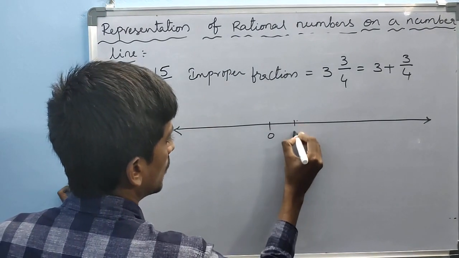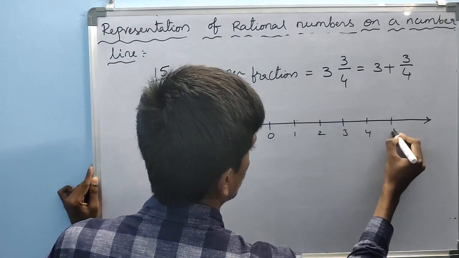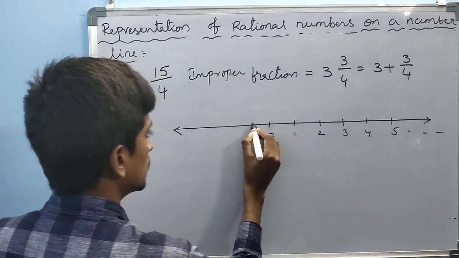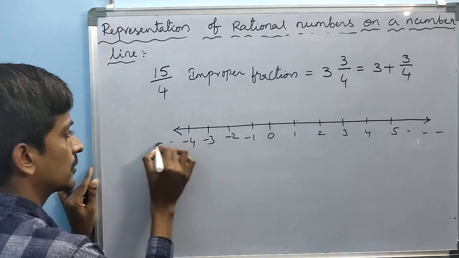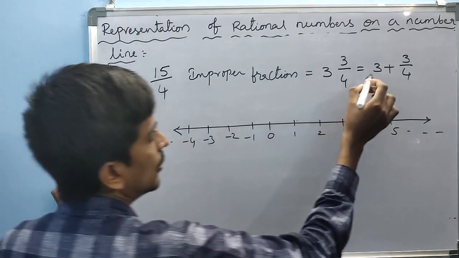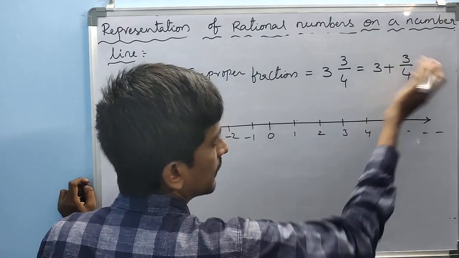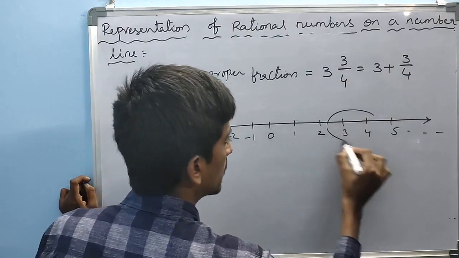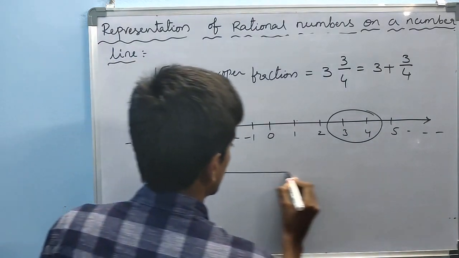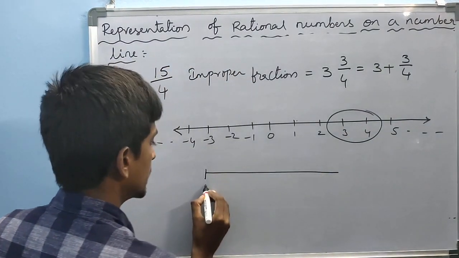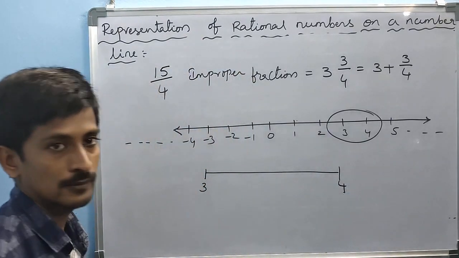Zero, 1, 2, 3, 4, 5 and so on. Minus 1, minus 2, minus 3, minus 4 and so on. So 3 plus something less than 1, so it is in between 3 and 4. This is 3 and this is 4.